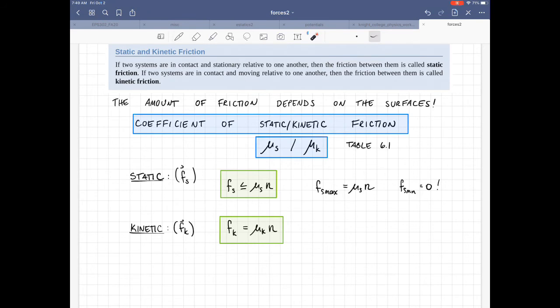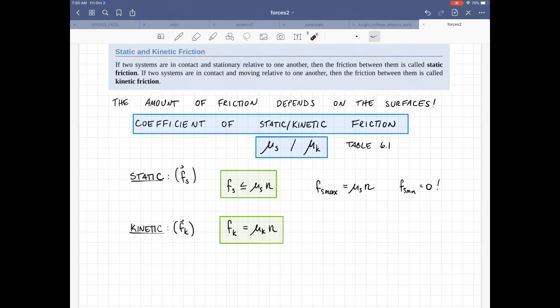Now, kinetic friction corresponds to when two surfaces are moving relative to each other. Kinetic friction is a set value. So whatever the coefficient is between those two surfaces, multiplied by the normal force. If you look at the table, I'm not actually looking at the table at the moment, but I believe mu s is always larger than the mu k values.